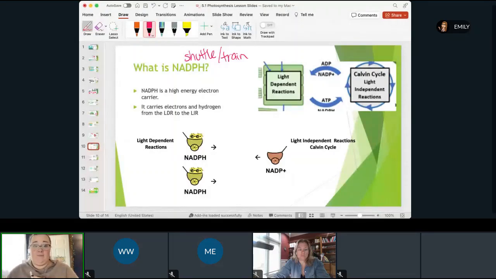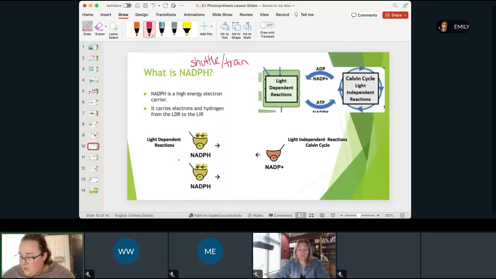That's its job. So when we break down that water molecule, okay, they bind to NADP plus, which fills up the train and it makes it NADPH. So NADPH is your full train.